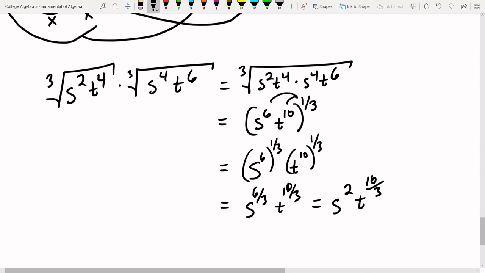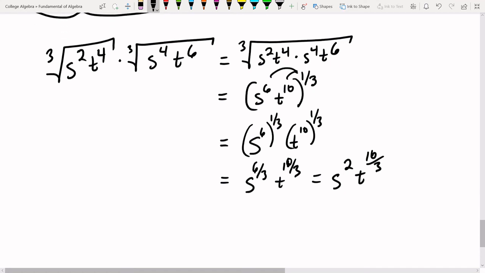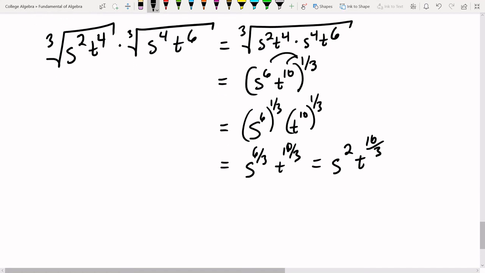Sometimes the fractional power is fine. But I will reduce it. 3 can go into 10 3 times, evenly, with 1 left over. Let me show it like this.